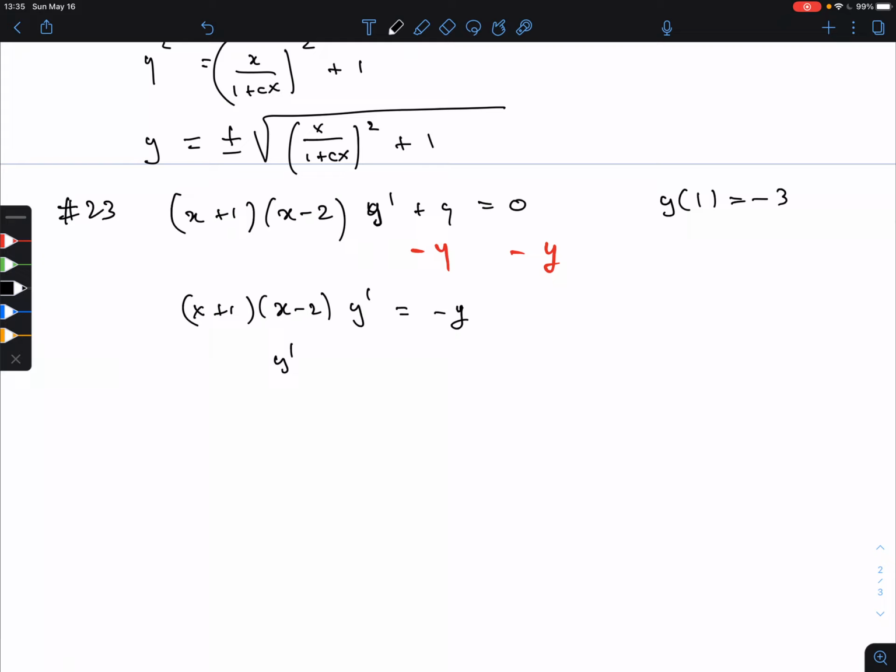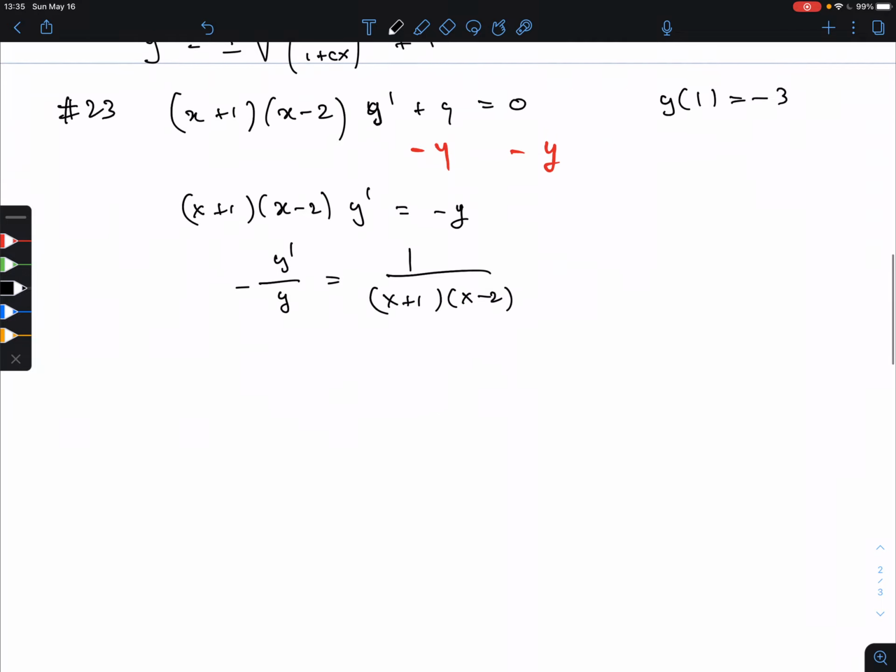So this y prime over y, with the minus sign, and on the other side we get this rational function. Okay, so this is dy over y, with the minus sign, don't forget the minus sign. And this is dx over x plus 1, x minus 2.